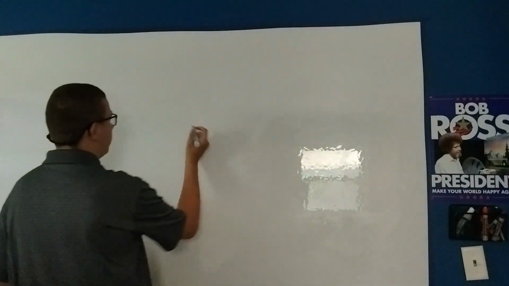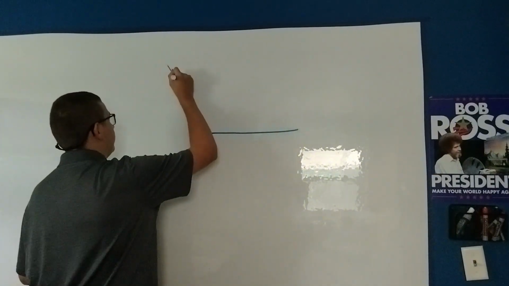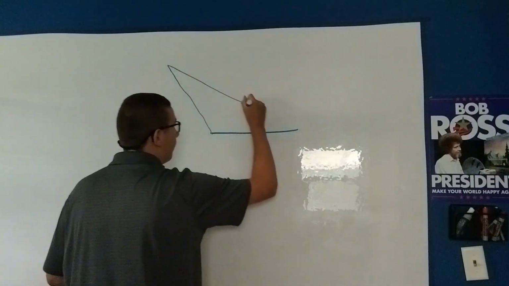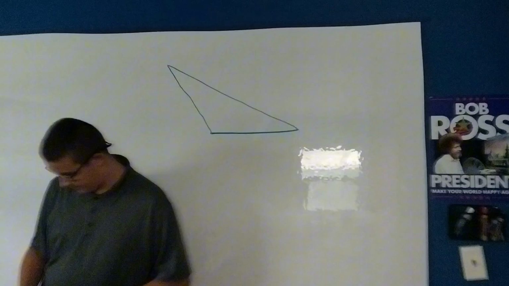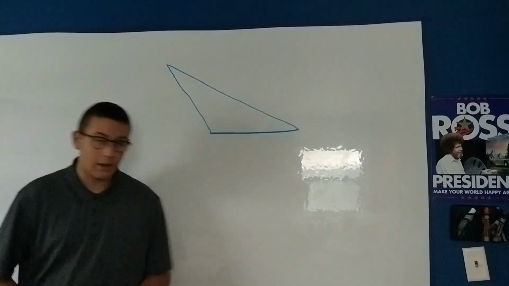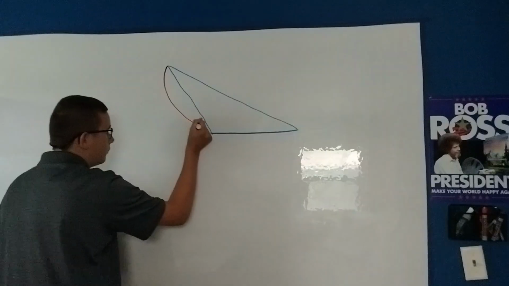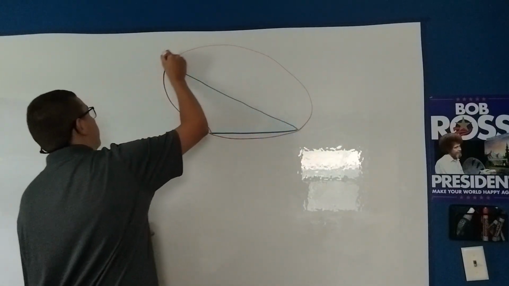So I take again an obtuse triangle, figure out how to draw this thing. Like that. And I take the red pen, draw a circle around the outside. Something like that.